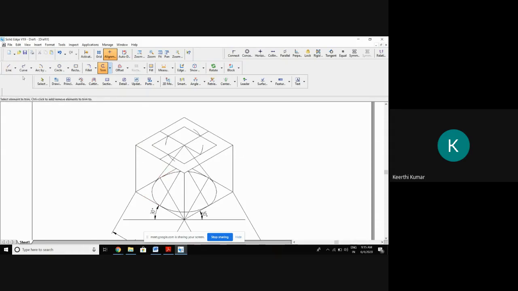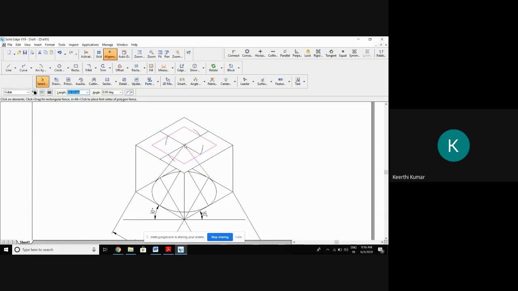See now, what I did: I cut an arc which is equal to the base of the hemisphere, that is 40. The total length of this and this should be 40. So I took from the center 20 into 0.8164, 20 into 0.8164, 20 into 0.8164, 20 into 0.8164, so that we got this box of size 40 by 40.